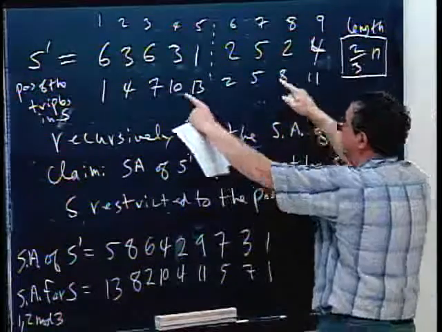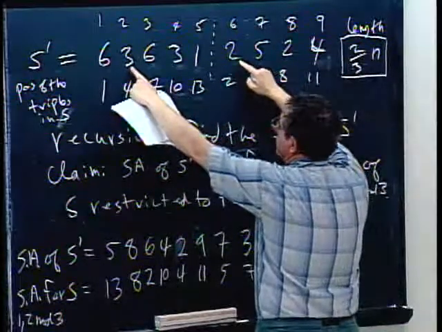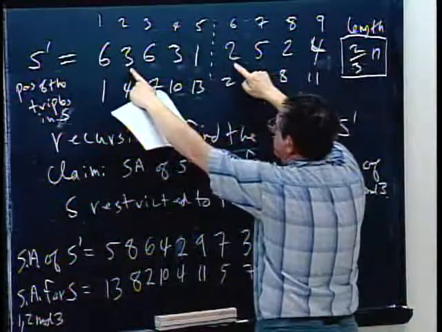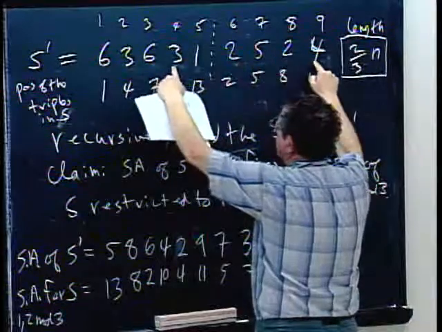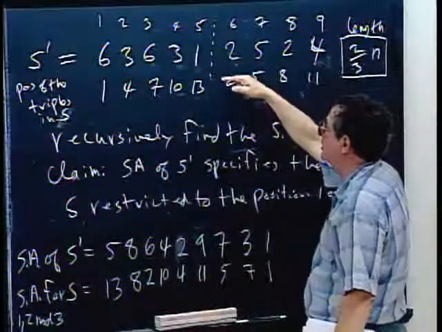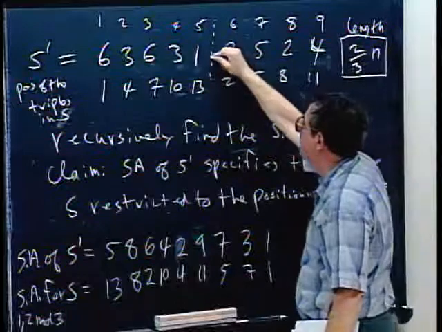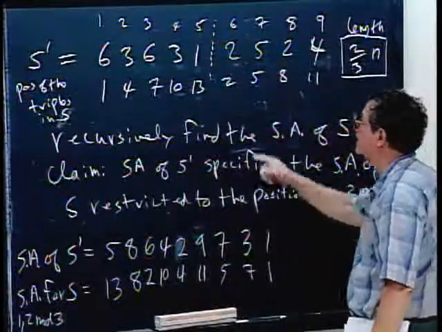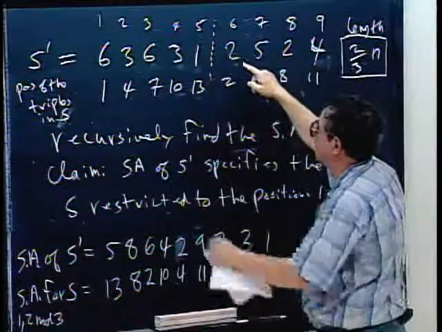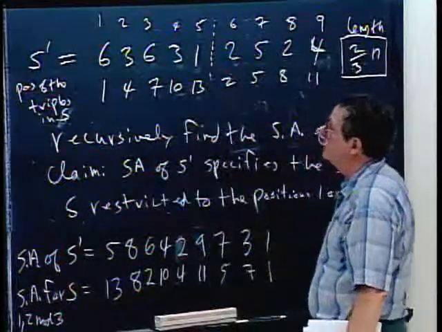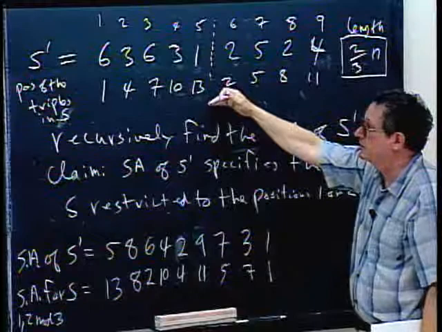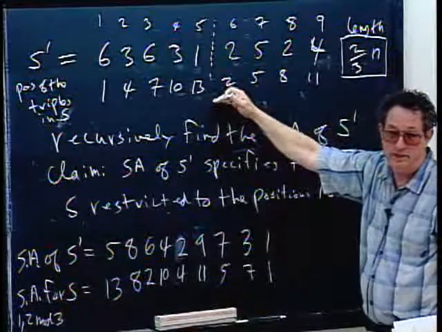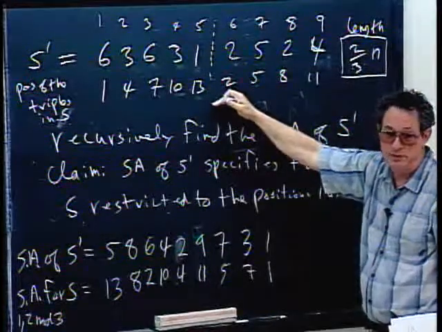And the same thing over here, if I take a position on the left side and a position on the right side and start lexicographically comparing them, as long as that comparison ends before we hit the midpoint, we never cross the midpoint in those comparisons, then we're assured that the comparison of the corresponding strings in S was correct.